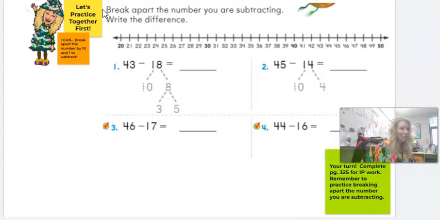Like in addition, we have addends, 2 numbers that we're putting together to find the sum. But in subtraction, we learned 2 fancy words. And I see you're looking at the anchor chart, but it's not up there because you don't have to know them. Remember, I told you some grown-ups don't know them. But you kind of should know them. One starts with an S and one starts with an M.